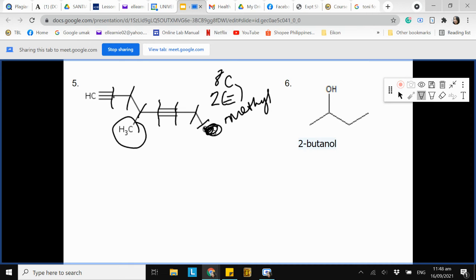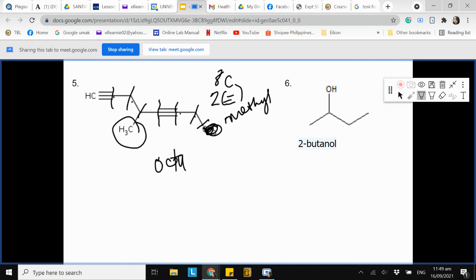Supposed to be the dulo, di ba? Hindi advisable na meron siya dapat dyan unless na ginawa mo siyang sidechain. Pero kung ginawa mo siyang sidechain, dapat parent chain na rin siya, di ba? So this will become 1, 2, 3, 4, 5, 6, 7, 8. So 8 pa rin siya.